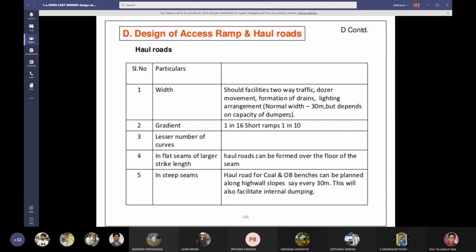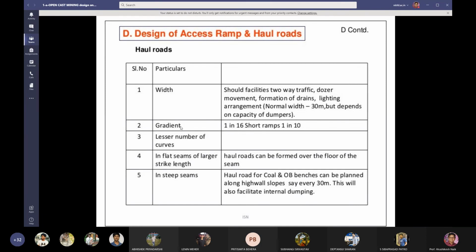Minimum 30 meters, but it can go up to 40 meters depending upon the capacity of the dumper you are using in the mine. This width contains two-way traffic, and the dozer should be able to move on the roadway. Drains are formed so that during rainy season water is evacuated. A lighting arrangement should be there on the haul road.